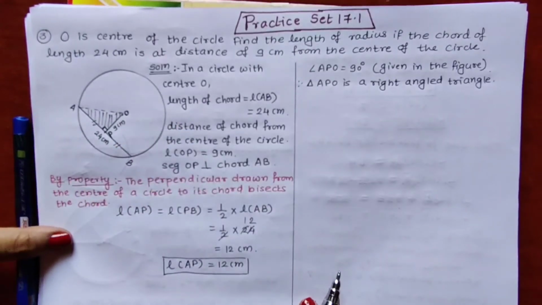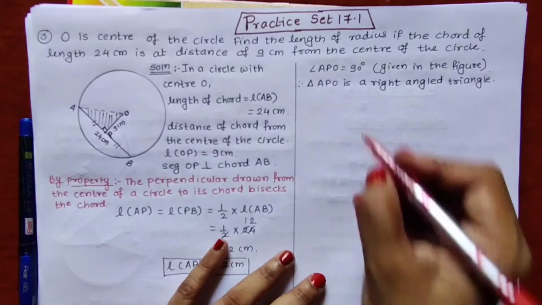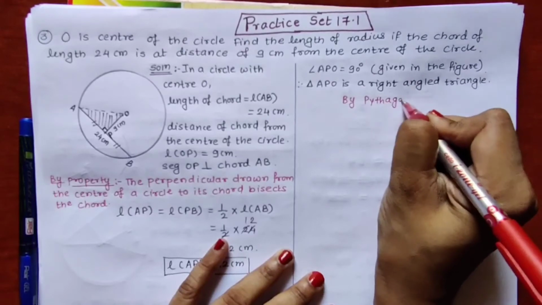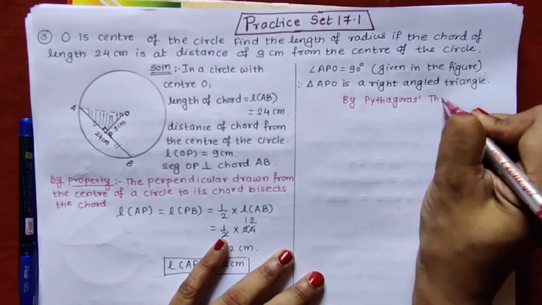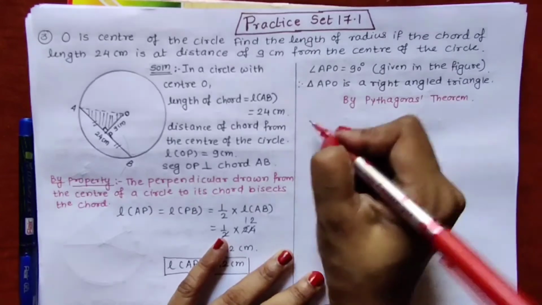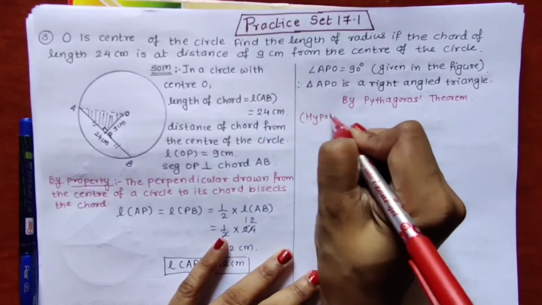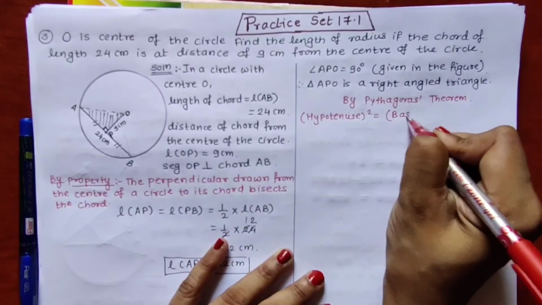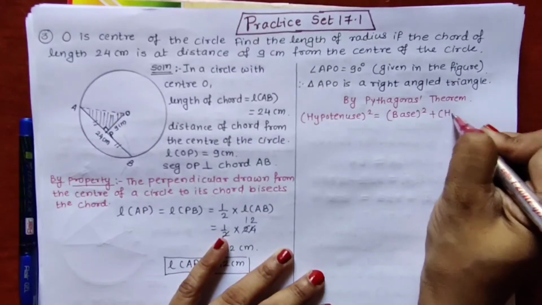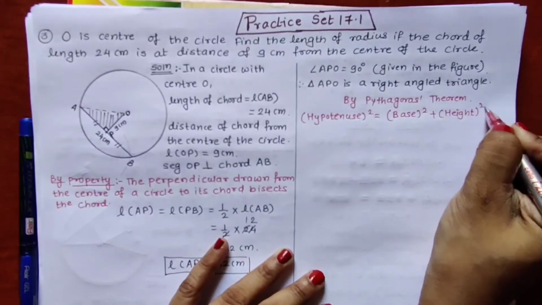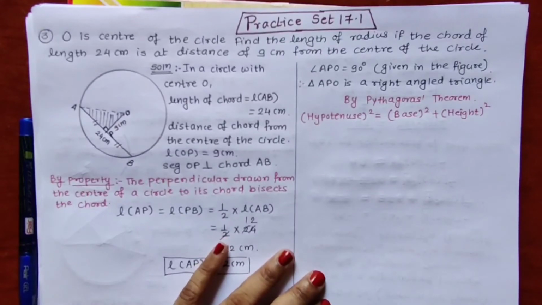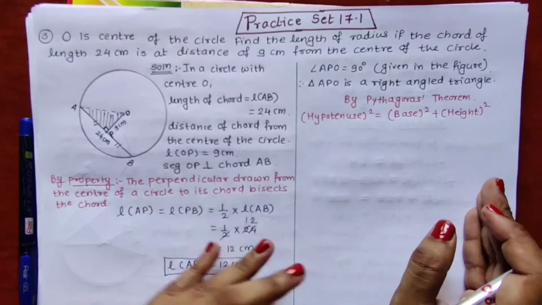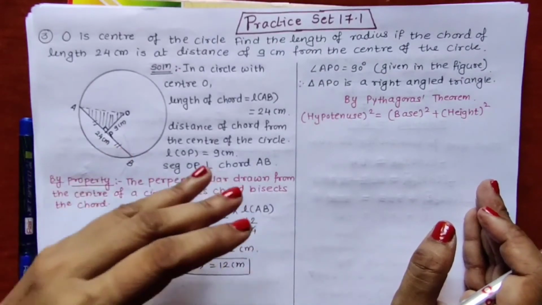So again, as it is a right angle triangle, we can apply Pythagoras theorem. By Pythagoras theorem, hypotenuse square is equal to base square plus height square. Instead of base and height, we can write one side square plus other side square also, because the one side and other side are the sides forming the right angle.